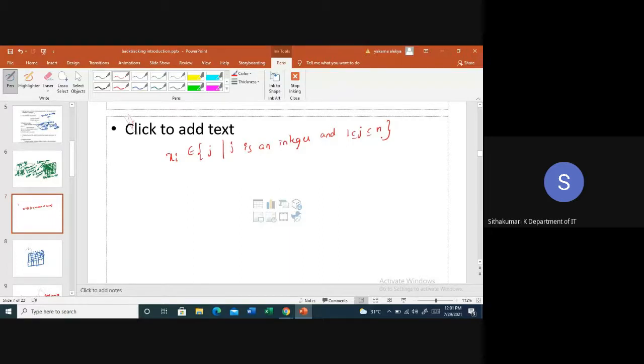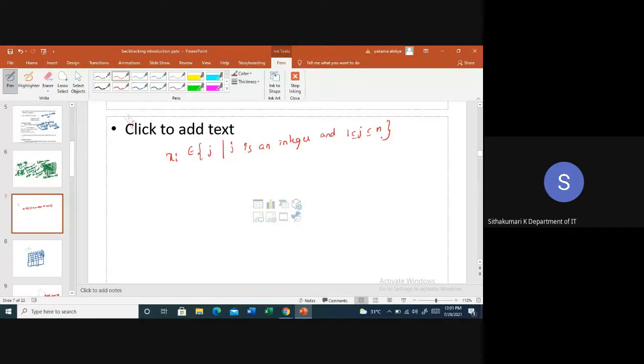Each xi can be a j. What can j be? J is an integer between 1 to n. So if you have n numbers, for example, 4 numbers as given in the previous example, the xi value cannot be 5. The xi value can be any one between 1 to 4, not any other value. That is called the explicit constraint.